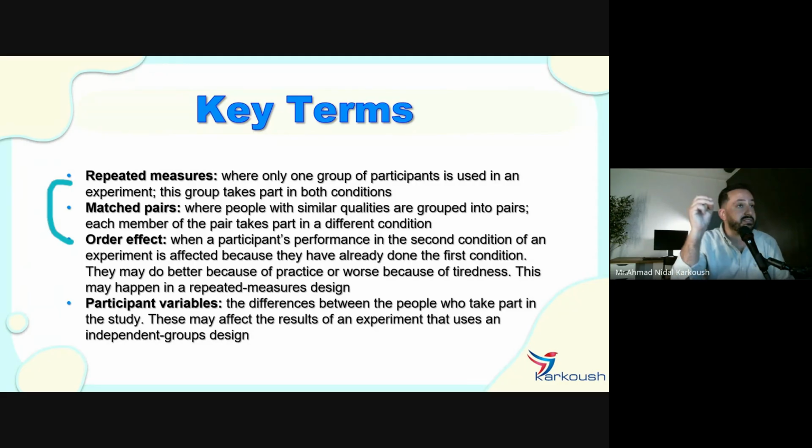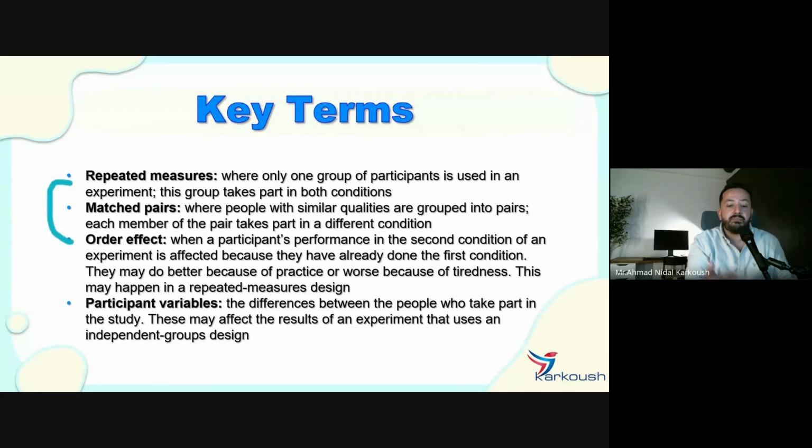And maybe this is a problem, because we don't really know whether their performance is 100% their performance or whether it was impacted, negatively or maybe positively, we don't know, by the first trial.